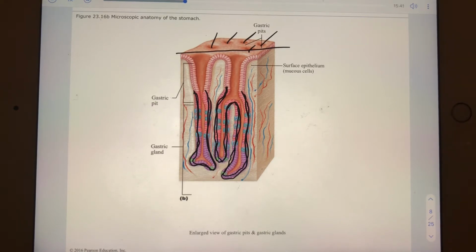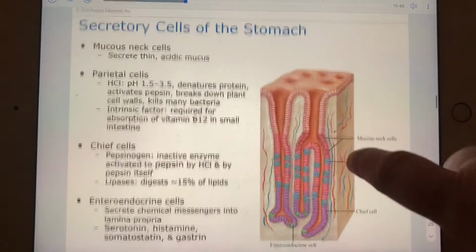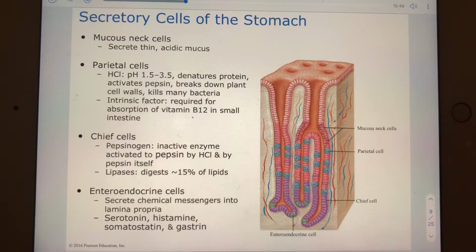Moving on to slide 10. There are 4 main types of cells in gastric glands. They include the mucous neck cells, the parietal cells, the chief cells, and the enteroendocrine cells. Mucous neck cells make, obviously, mucus. However, their mucus is relatively thin. It's not very viscous, and it's acidic, right?